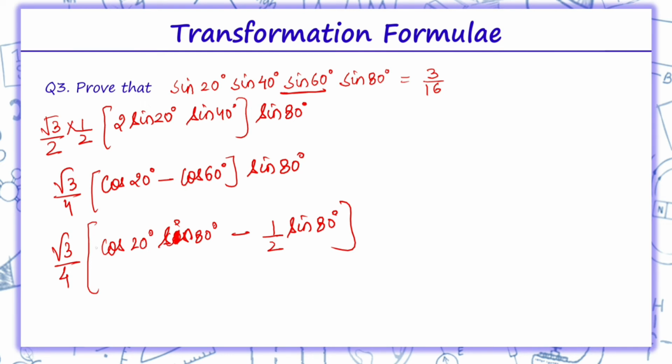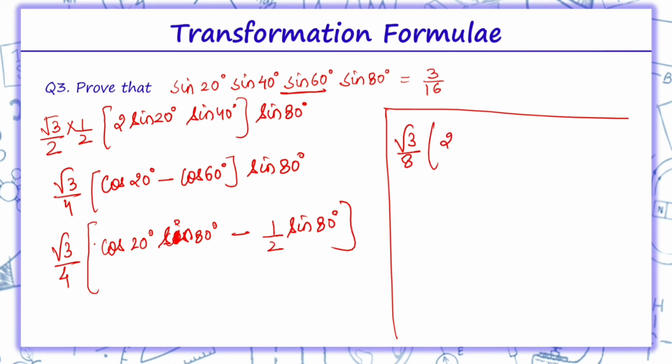Here we want 2, so we will multiply outside the bracket by 1 by 2. So we will take 1 by 2 common and get root 3 by 8. Here we will get 2 cos 20 degree into sin 80 degree minus sin 80 degree.